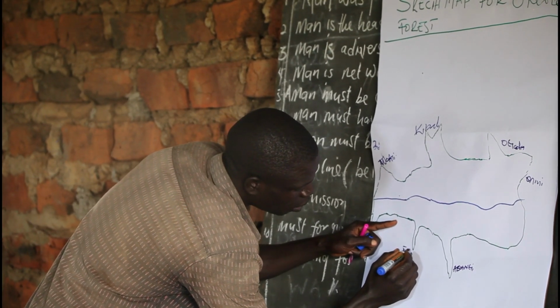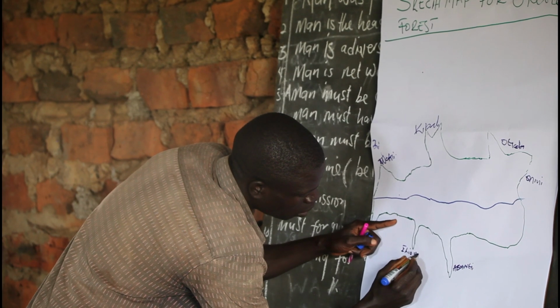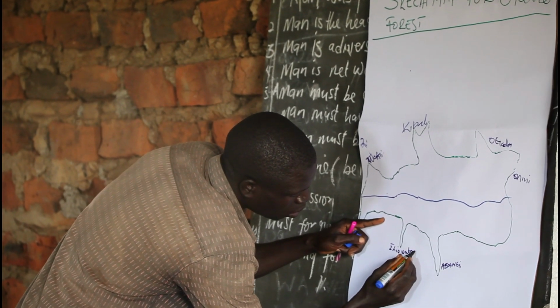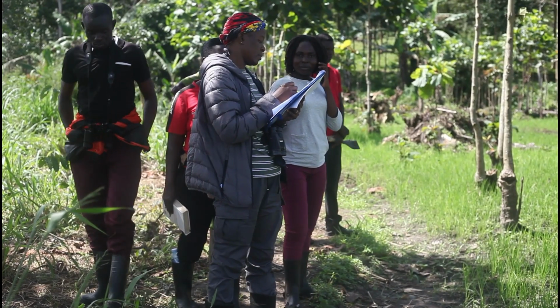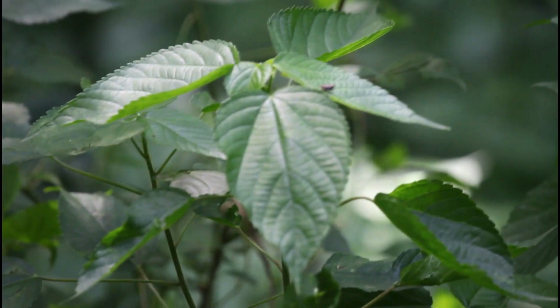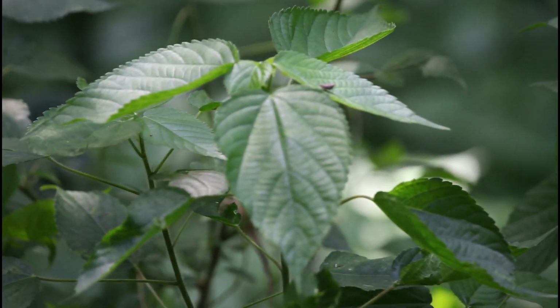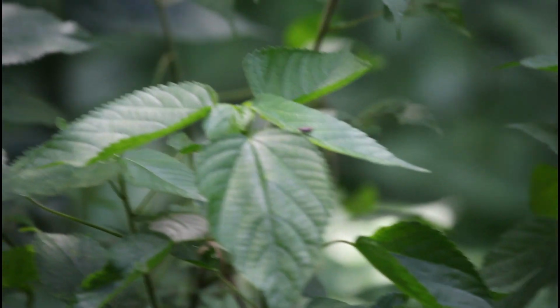So they draw the resource map, and then we relate the resource map to their vision, and then we pick out the indicators from the resource map, which flows into their visions, and then we see the resource users within the resource map. So all these will guide us on getting what to monitor and how to monitor it. So they get the indicators themselves.